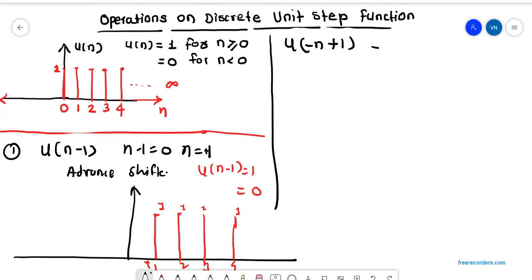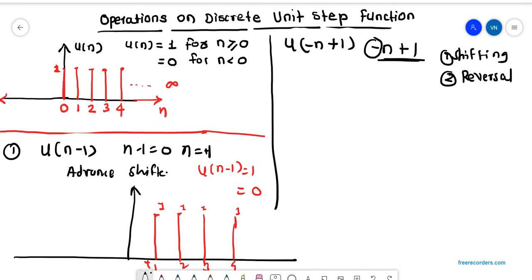How can we draw it? Just think about this minus n plus 1. First there will be a shifting and there is a reversal. Means what? First you have to apply the shifting, and then we have to apply the reversal operation.